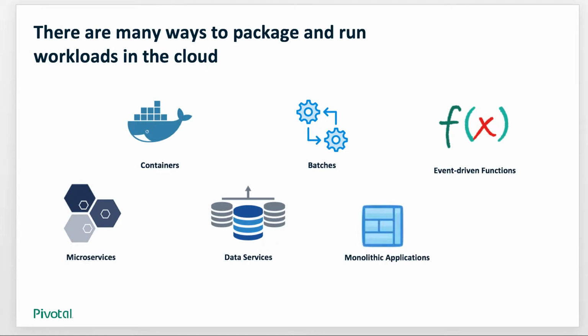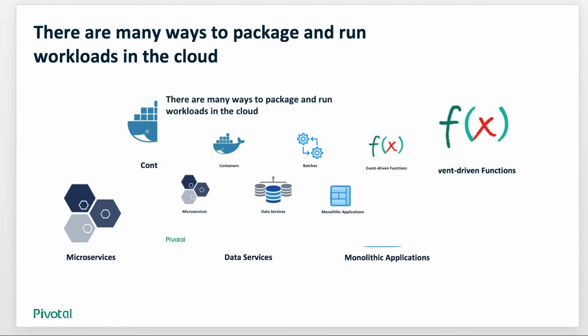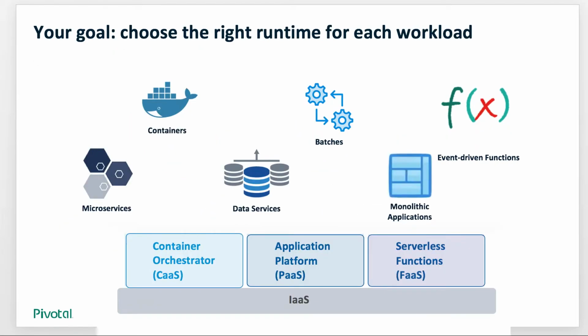For that we need a different runtime, and at Cloud Foundry we have multiple runtimes to support these applications. We definitely choose the right runtime for each workload. We give the customer different runtimes and different options for running their containers, their applications, and their functions, and so forth.